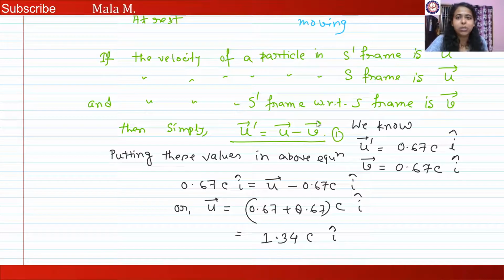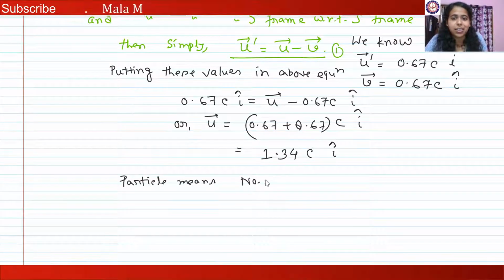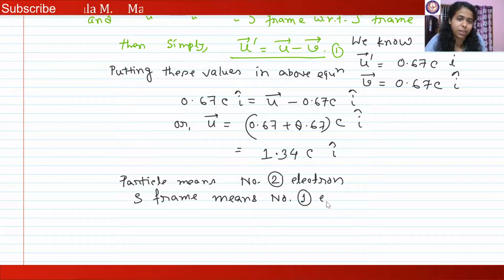So what was u? u was the velocity of the particle in the S frame. Here my particle means the number 2 electron, and the S frame means the number 1 electron.